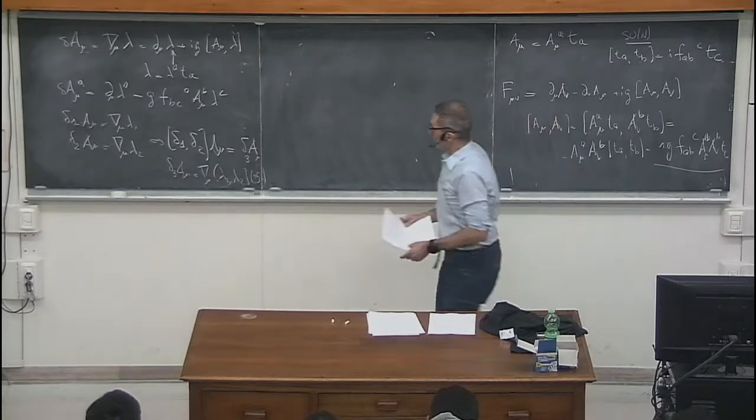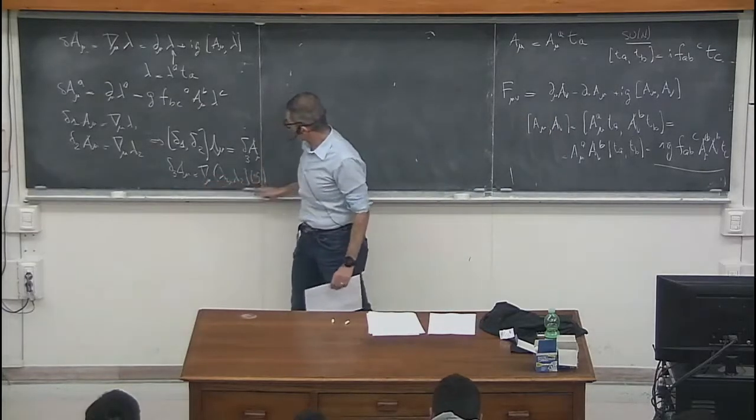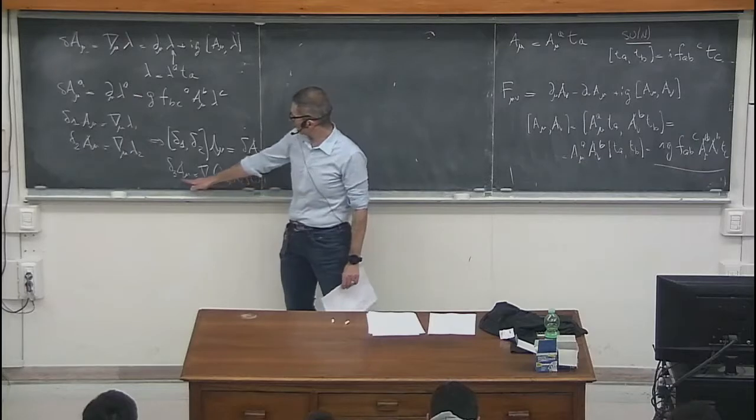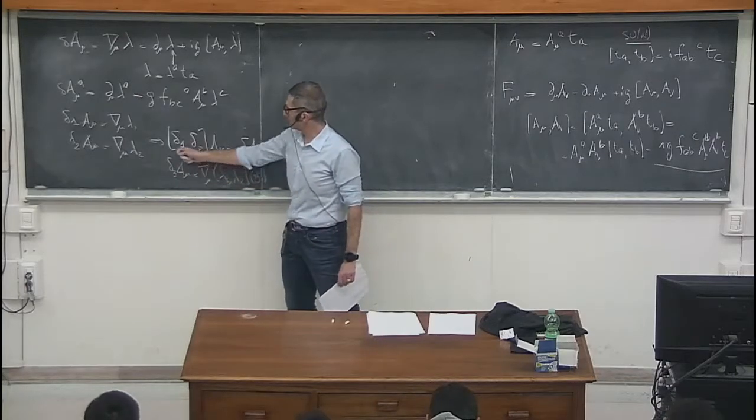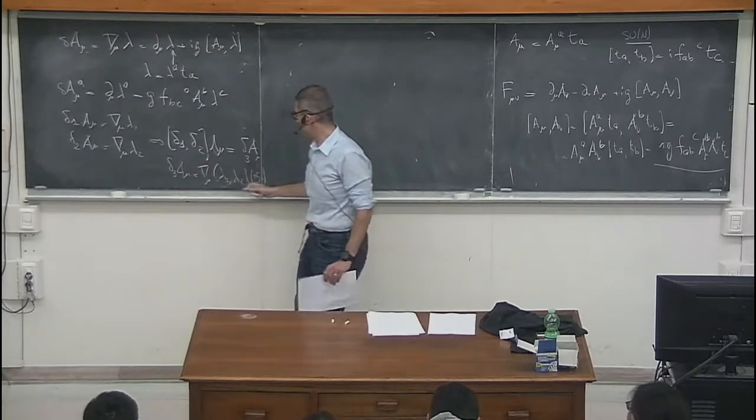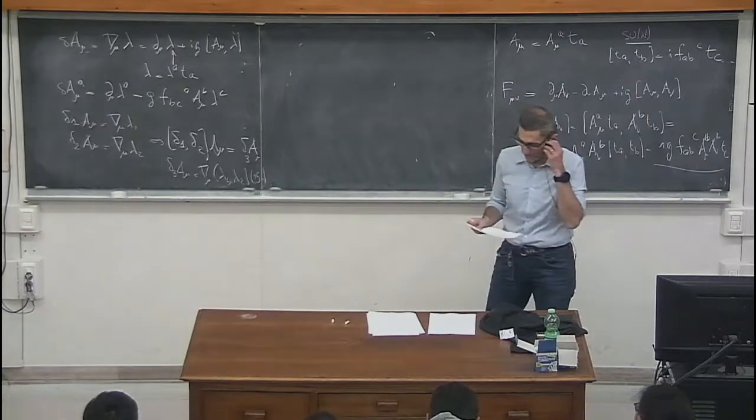Namely, this is the non-Abelian nature: two gauge transformations give you again a gauge transformation of this type.